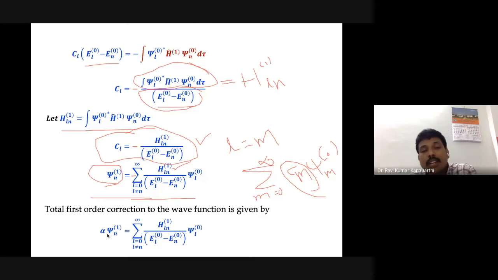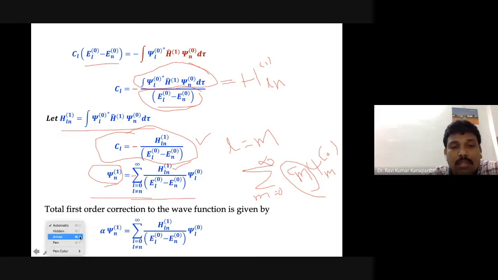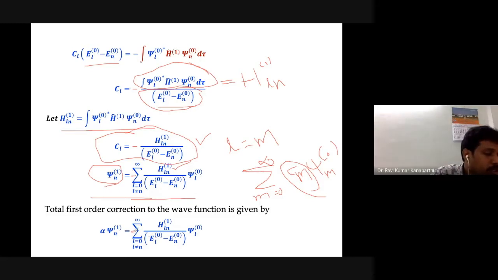So alpha multiplied by psi n 1 is the total first order correction, which you can show like this. Please note down here also there is a negative sign that you must keep in your notes. It is missed actually, so try to keep the negative sign here also.